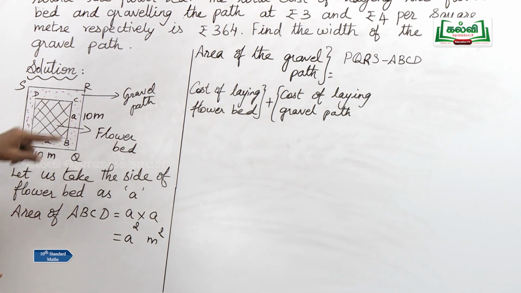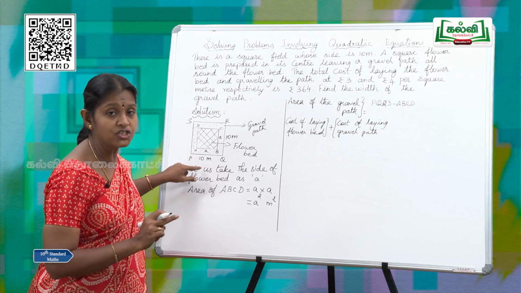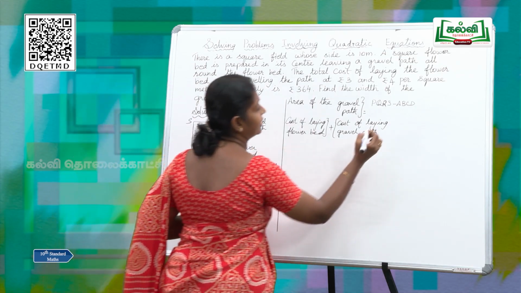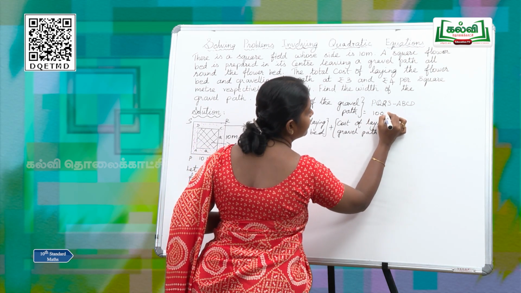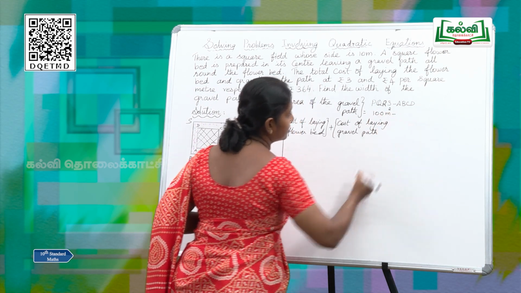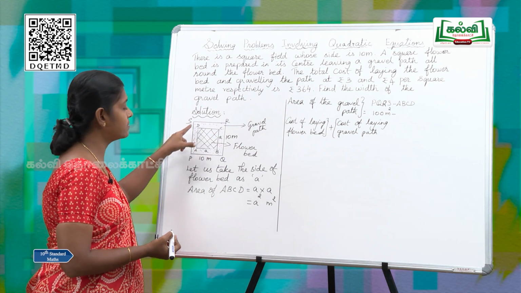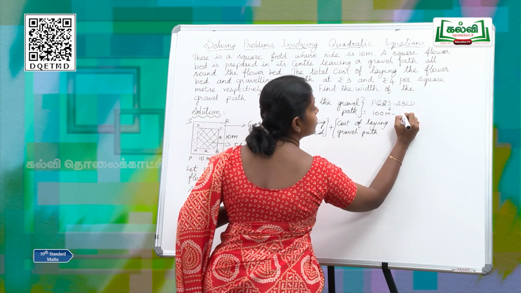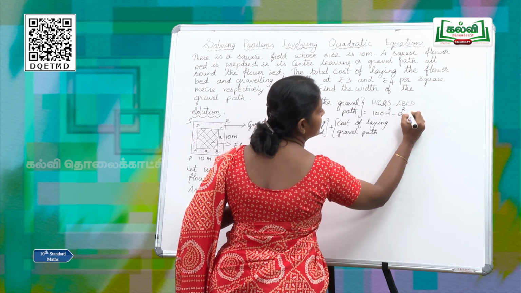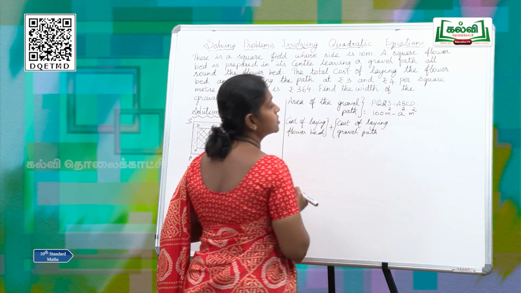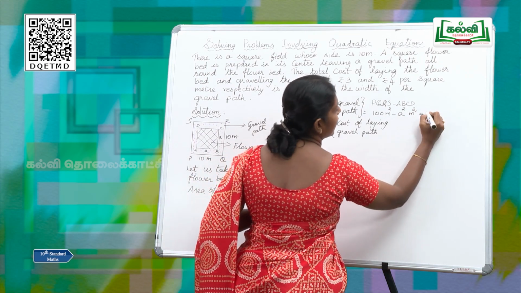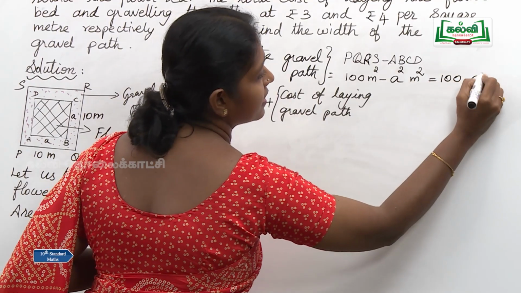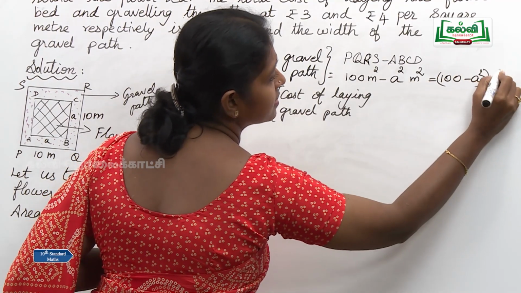What is the area of PQRS? The dimension is 10 meter, so it will be 10 into 10, 100 meter squared, minus the area of ABCD, which we already found, a squared. So, we get 100 minus a squared meter squared.